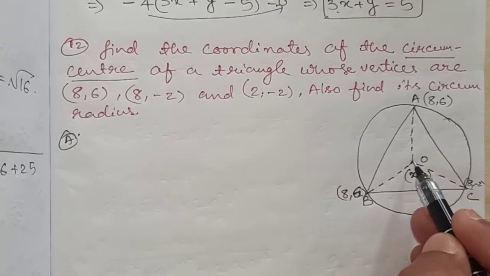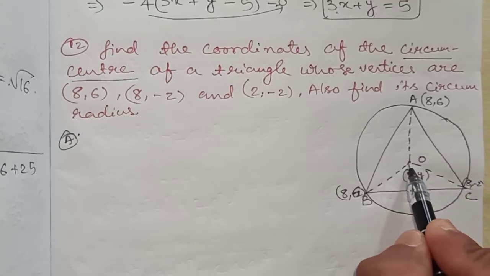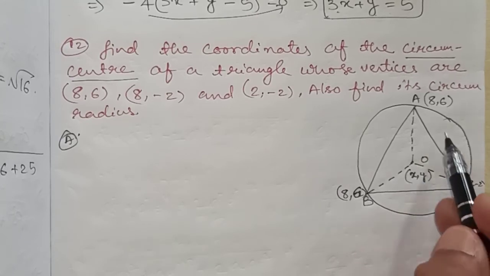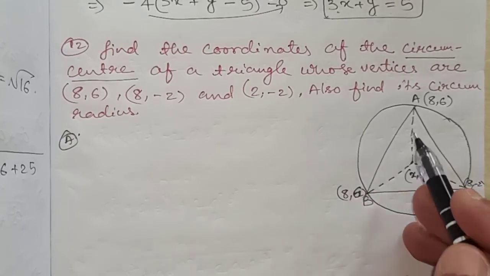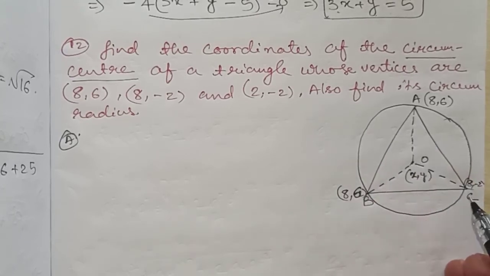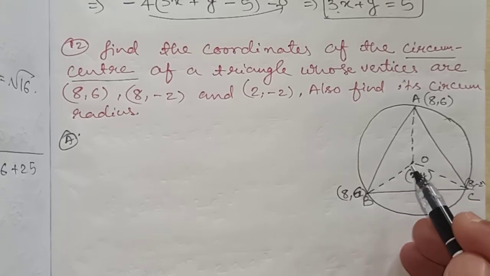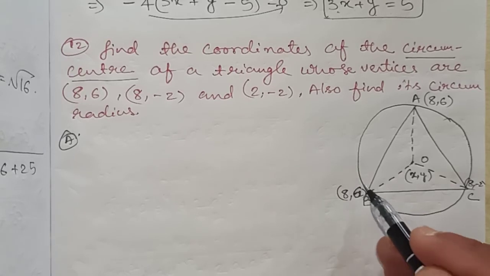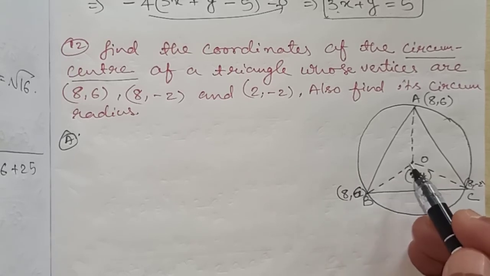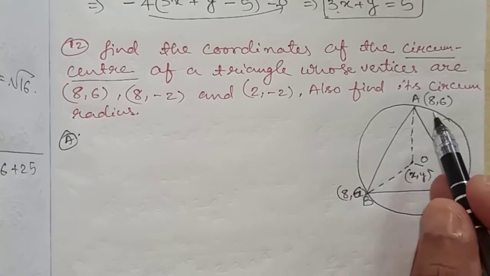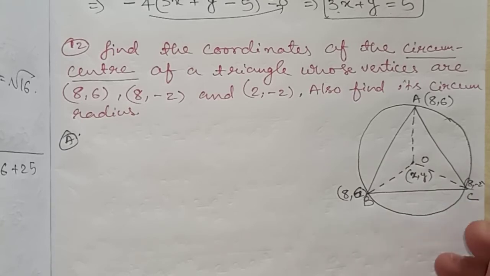We have to find the coordinates of the circumcenter, that is O. So I have just drawn a diagram. These are the radii of the circle, because any line which joins the center to the circumference of a circle is called a radius. There are three radii drawn because three vertices are given in the triangle.